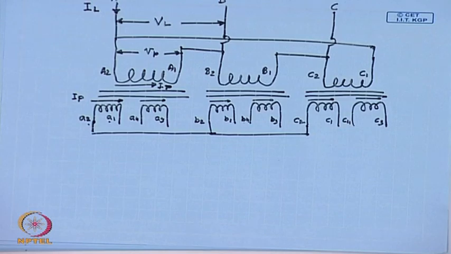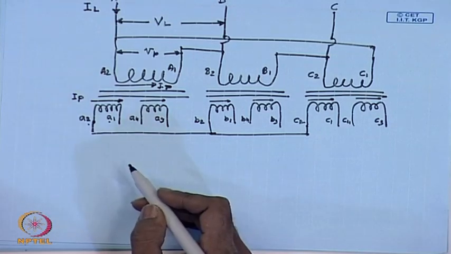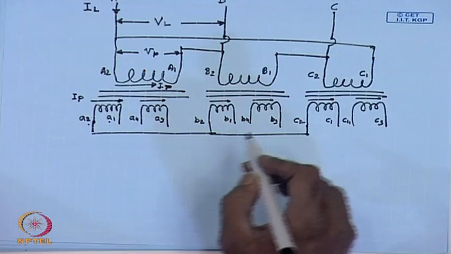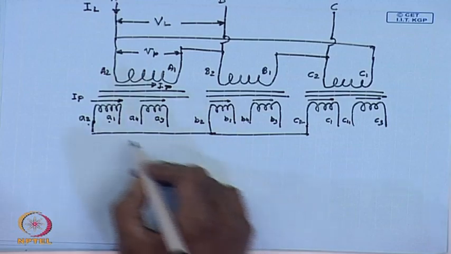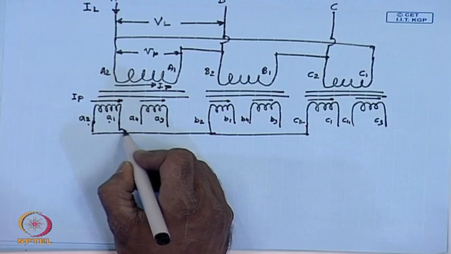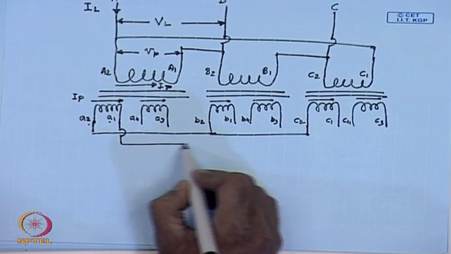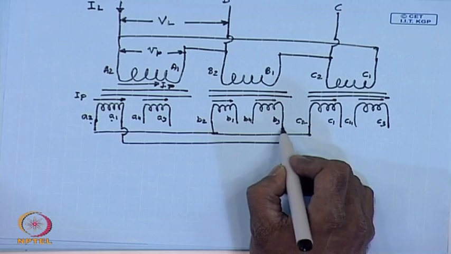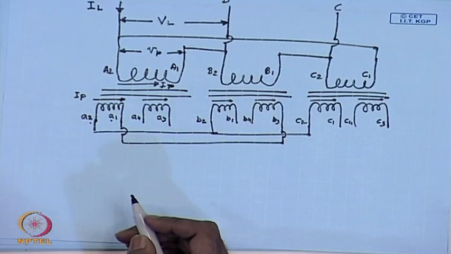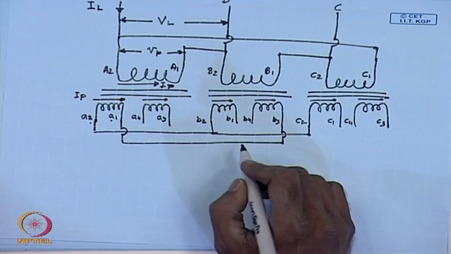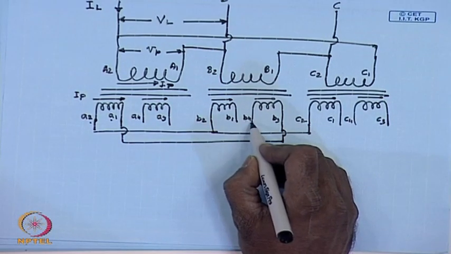The terminal A1 is connected to B3. And phase B comes out from B4.